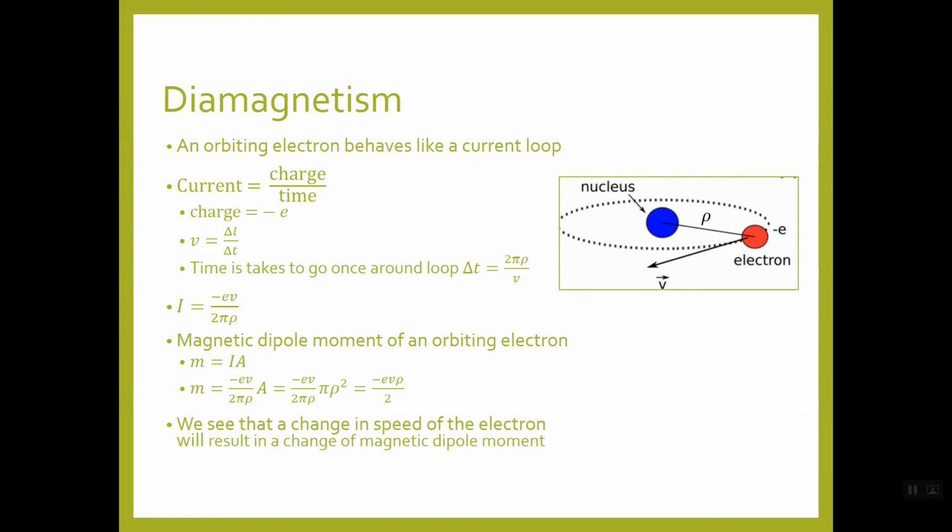Okay. So we see that a change in speed v of the electron will result in a change of magnetic dipole moment m. Here's the speed of our electron, and it's related to m, the magnetic dipole moment.